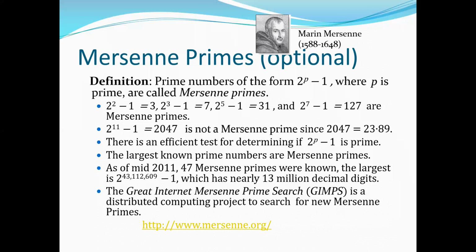Okay, so based on their study, the highest known Mersenne prime number is 2 raised to 43,112,609 minus 1. So basically, they created a special computer just to determine the highest Mersenne prime number.